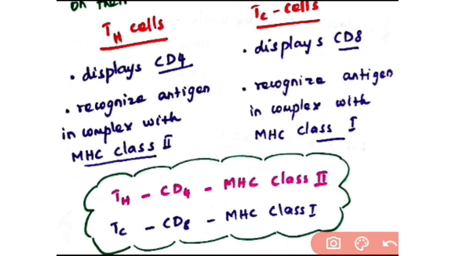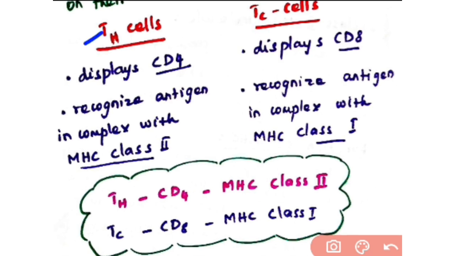Then T helper cells recognize antigen in complex with MHC class 2. Cytotoxic TC cells recognize antigen which is in complex with MHC class 1 molecule. This is very important. T helper cells display CD4 protein on the surface and recognize antigen in complex with MHC class 2 molecule.